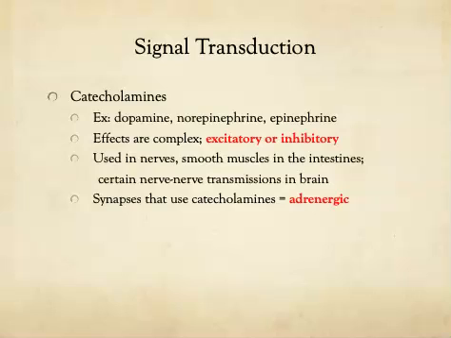They're also quite abundant between neurons and smooth muscle cells, in the intestines particularly. And they're also quite abundant in neuron to neuron synapses in the brain. Any synapse that uses a catecholamine neurotransmitter gets a name. We call those adrenergic synapses.